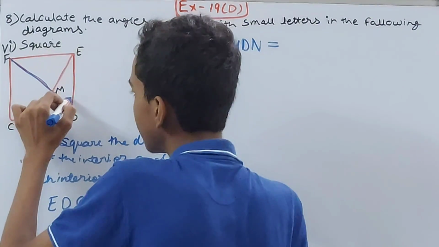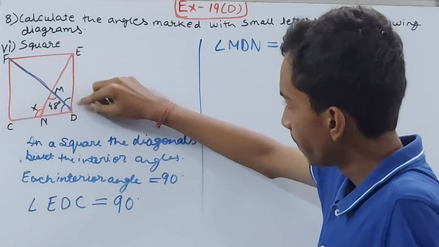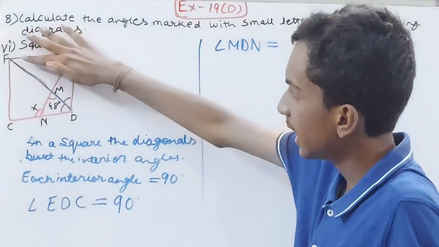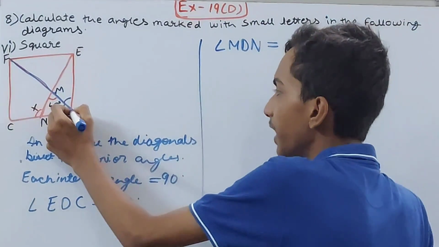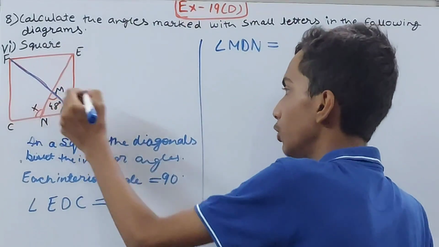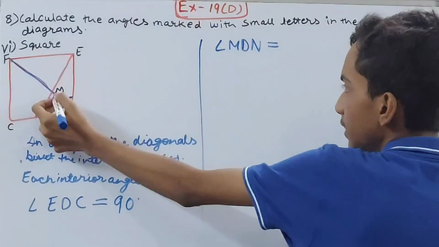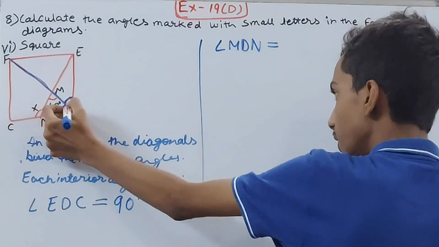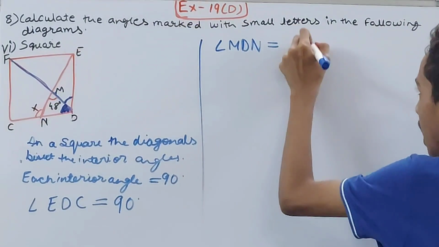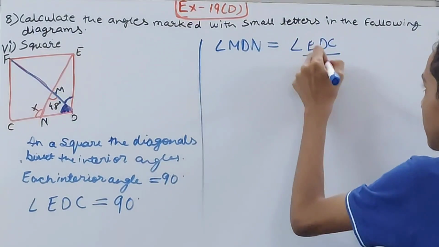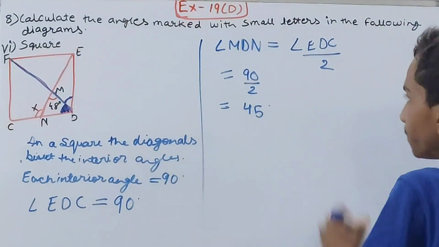That means it will bisect this into 2 equal parts. EDC is 90 degrees, and when the diagonal touches this point D, it will bisect the angle into 2 equal parts. So angle MDN is a result of that only, this part, right? This one, it is MDN. So angle MDN will be equal to half of angle EDC. That means 90 by 2, that means 45 degrees.